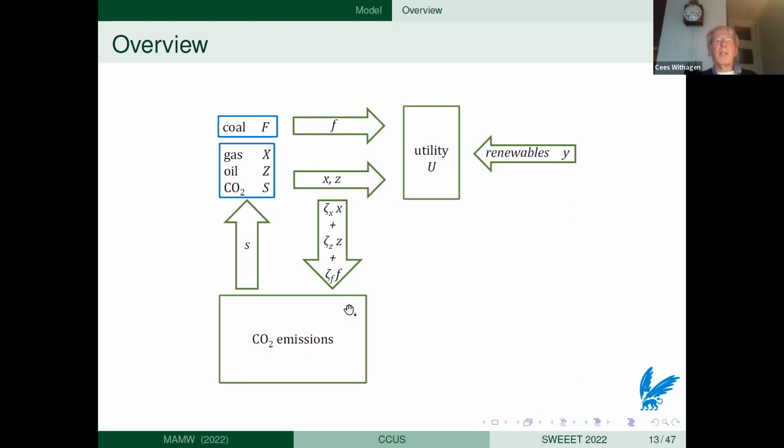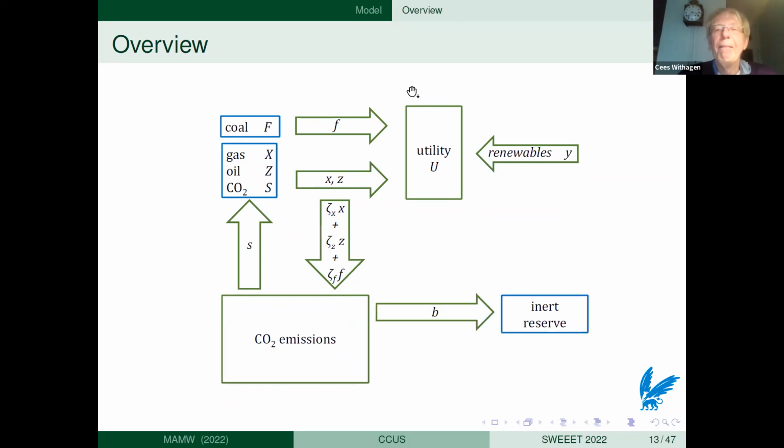Then these CO2 emissions lead to a higher stock of CO2. But we can also use CO2 emissions to put them in inert reserves, so non-active reserve. And this is going to be the number B, or the variable B.